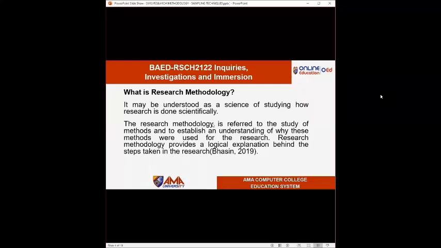Dahil from the word, meron kasi tayong ditong logy, di ba may mga psychology, biology. Yung logy doon meaning study. So, ibig sabihin, methodology is the study of methods.